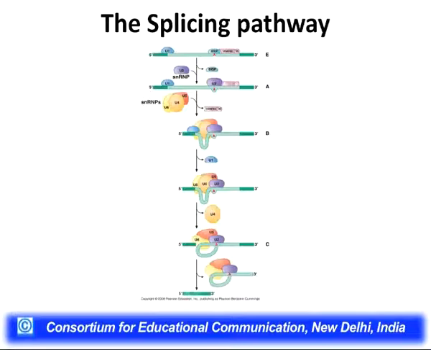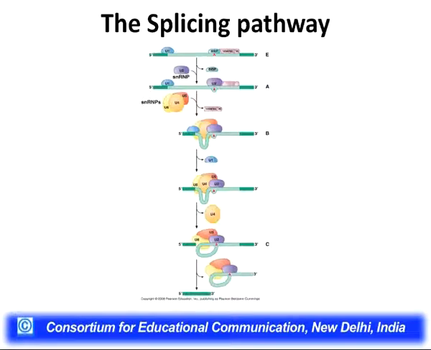After U2AF is moved out from this particular site, there is attachment of tri-snRNP particle, which is a complex made up of U5, U4 and U6. U4 and U6 are interacting with each other through complementary base pairing of their RNA, whereas U5 is loosely bound to them by protein-protein interaction.